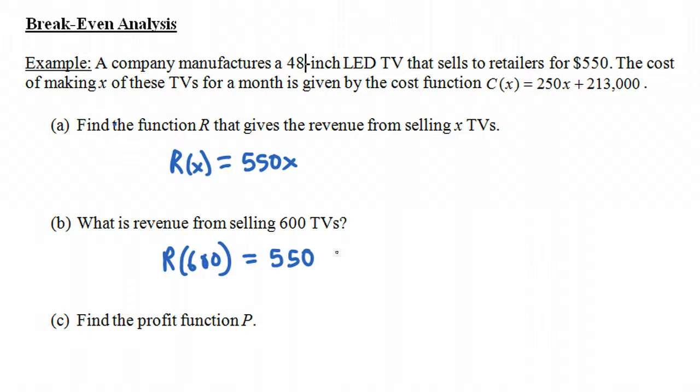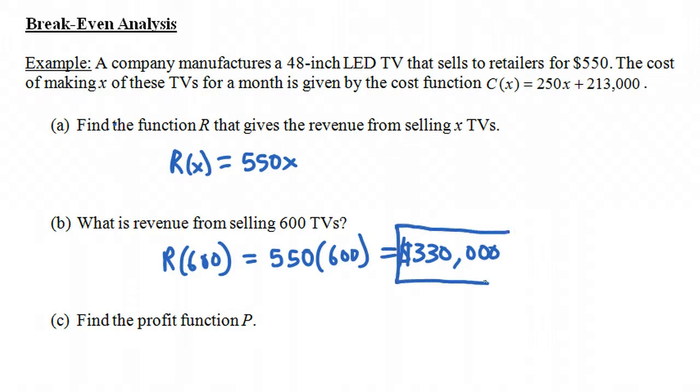Well, 550 times 600 is, if you have a calculator, equal to 330,000. Okay, so if they sell 600 TVs to the retailers, they'll generate $330,000 in revenue.